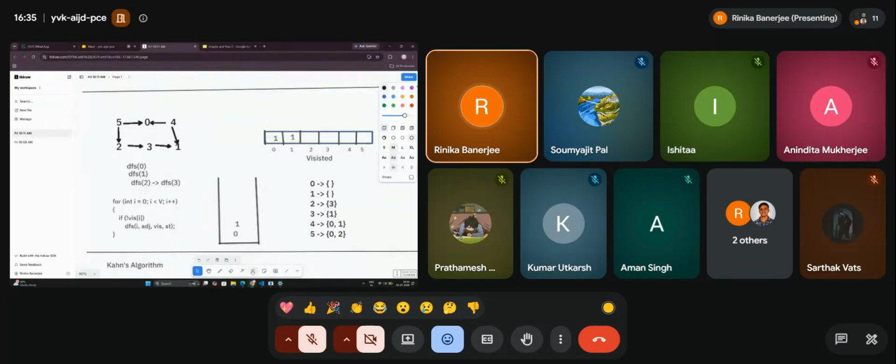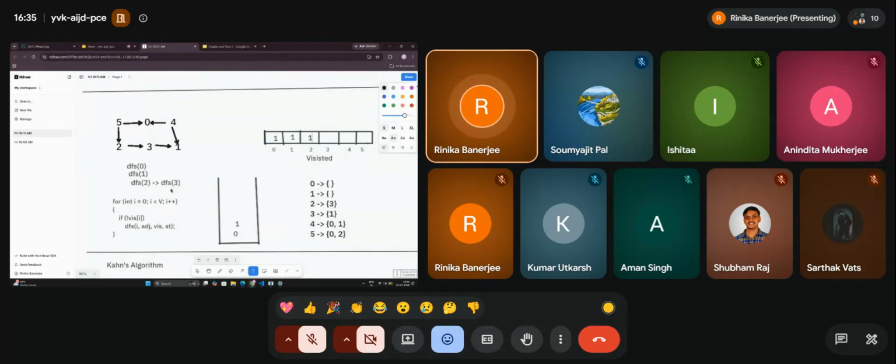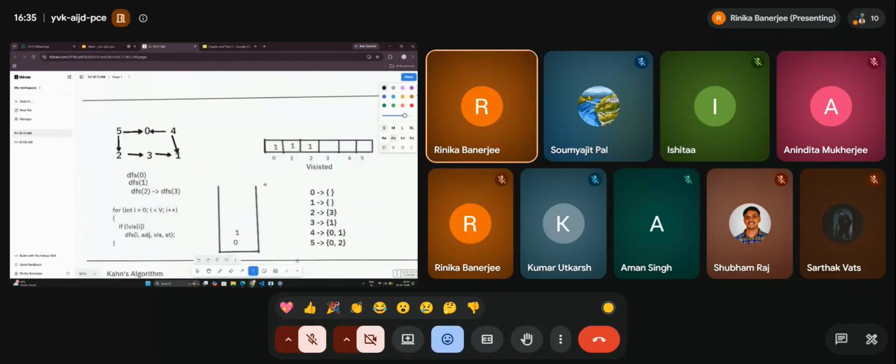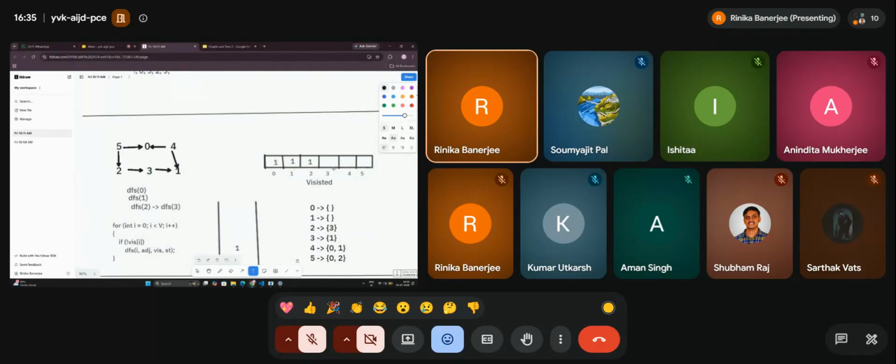When we are calling 2, we'll mark it as visited. Then we are calling DFS of 3. We are marking it as visited. So let's mark 3 as visited. Now, in the adjacency list of 3, what do we have? We have 1. So I'll call further DFS of 1.